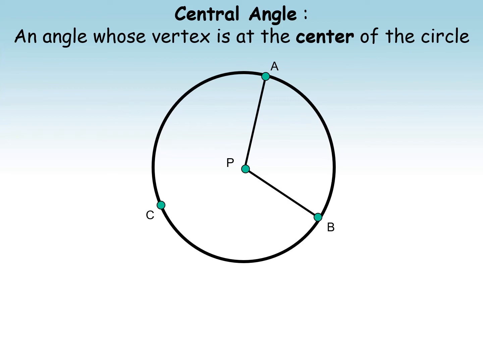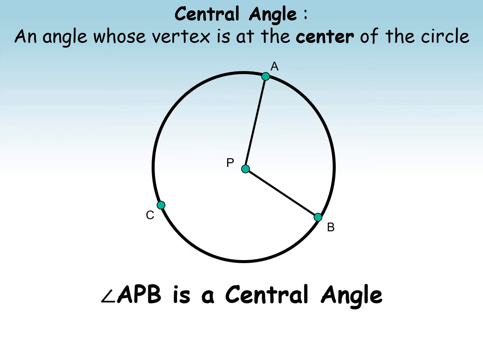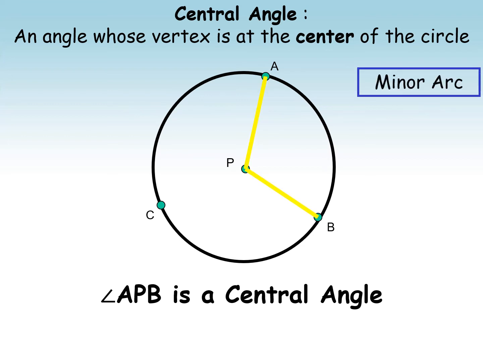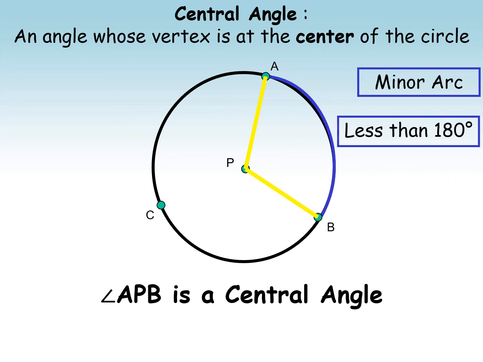Now let's move on to central angle. It is an angle whose vertex is at the center of the circle. So angle APB is a central angle. And then we have minor arc. Minor arc measures less than 180 degrees.